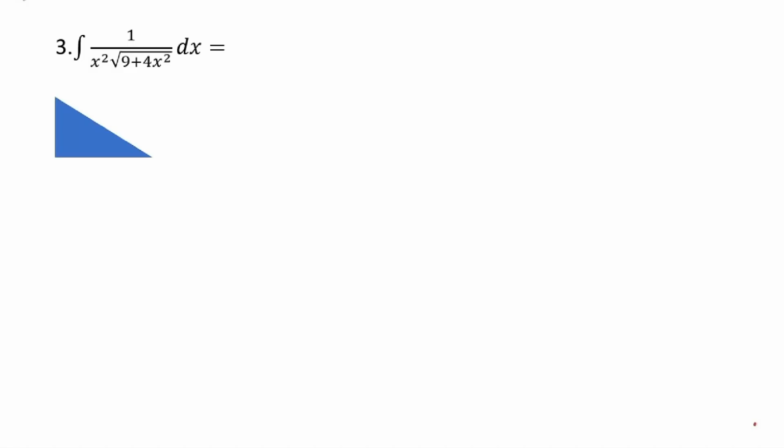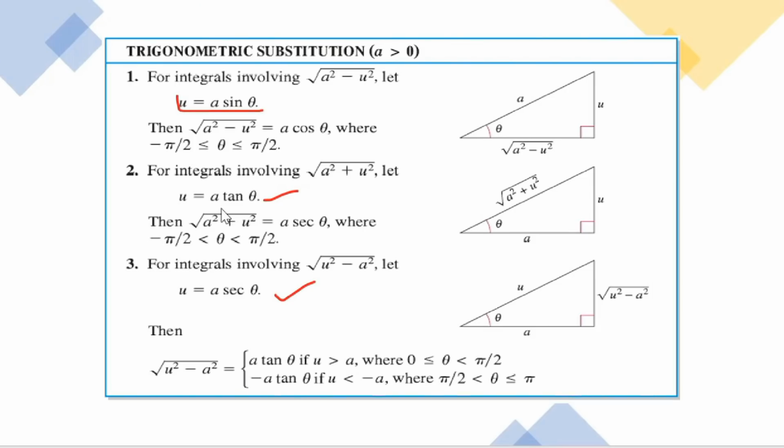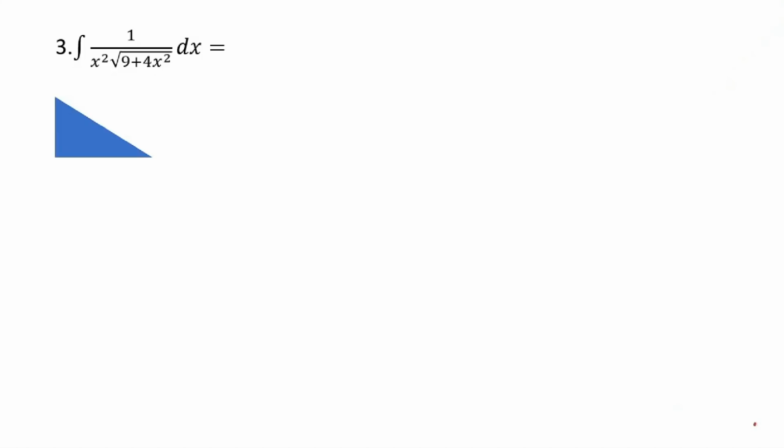Okay, for number 3, we have the integral of 1 over x squared times the square root of 9 plus 4x squared dx. Because the radicand 9 plus 4x squared is similar to the square root of a squared plus u squared, we are going to use formula number 2, which means we let u equal a tangent alpha.